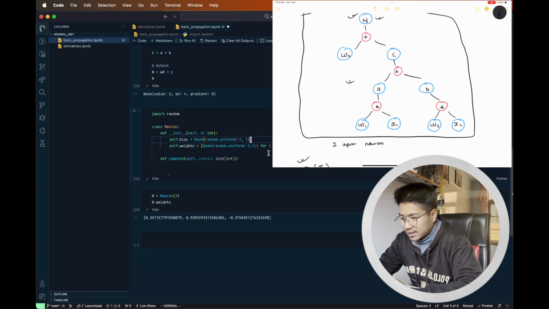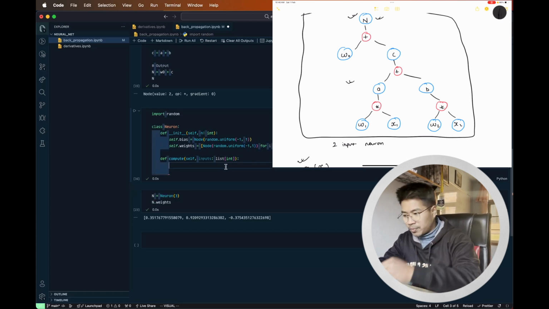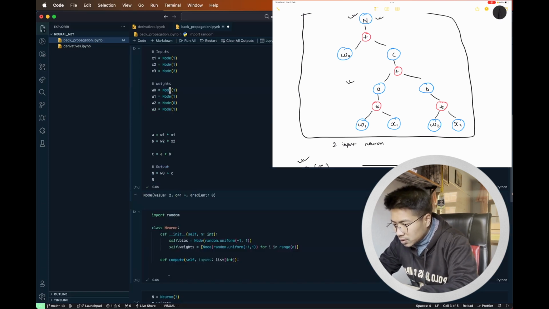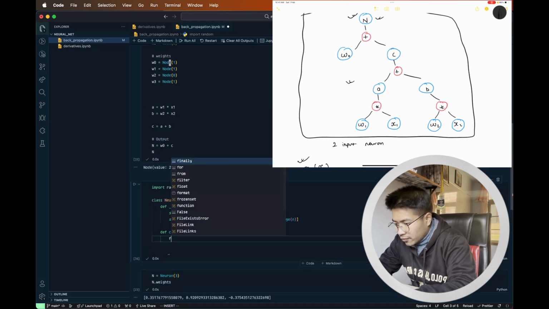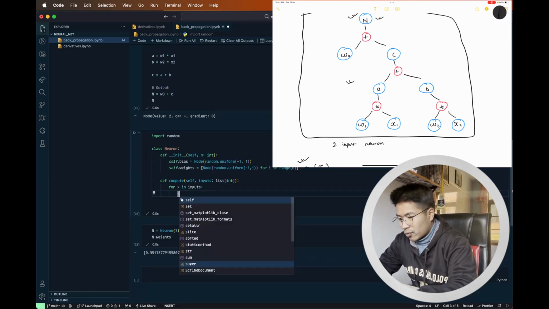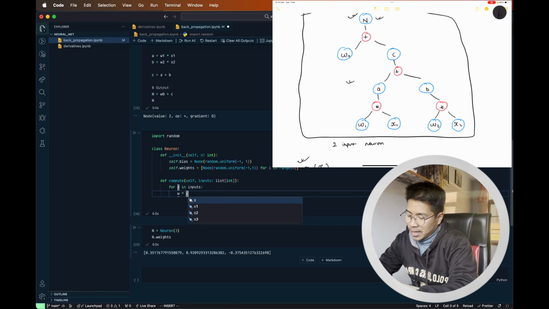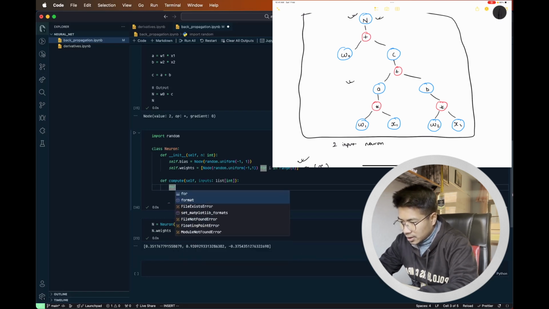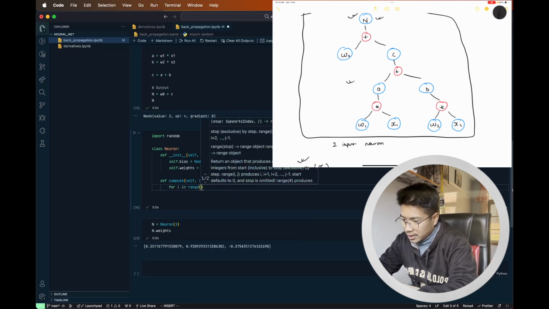I take the number of inputs, and the way you would compute the output would be something like this. For x in inputs, what I want to do is weight multiplied by x. What is my weight? The weight is the weights at whatever index I'm on right now. So let me encode it in the range of self.n.